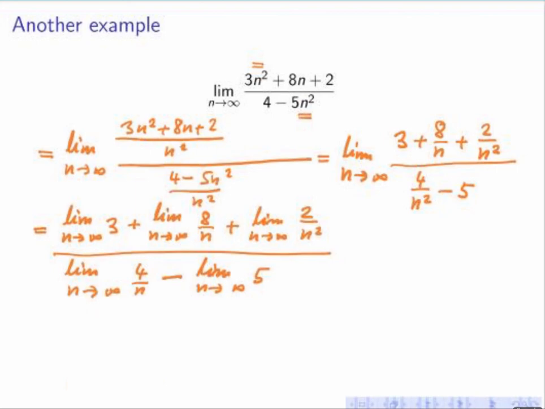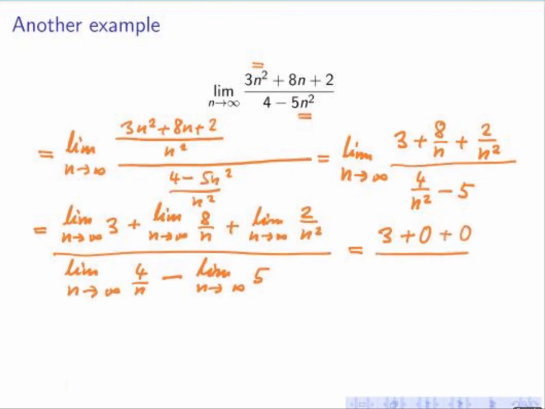So now I'm in a position where I really can do the limits. Wonderful. So things get easier. The limit of 3 is 3. There's no n in there. The limit of 8 divided by n goes to 0 because n becomes really, really large. So this is 0. Plus the limit of 2 divided by n squared, which also goes to 0.